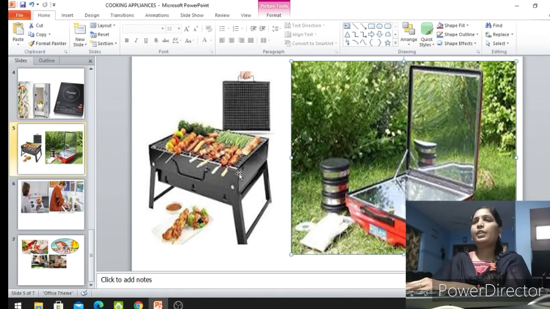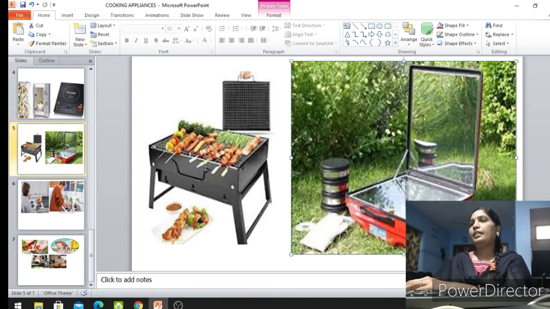So for grilling, to keep the fire directly, we are using a griller. This is called a griller. From below, through electricity, direct fire is produced and the food items get cooked using this grill. So this method is called grilling. Grilling also needs very little oil and is good for our health.